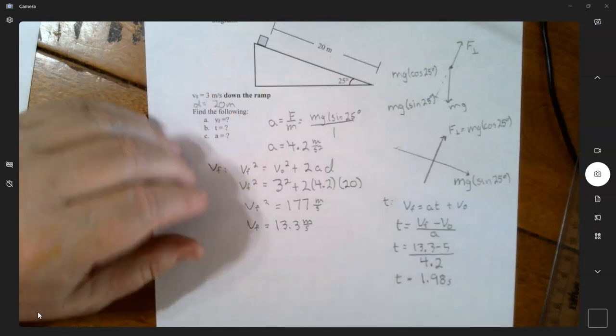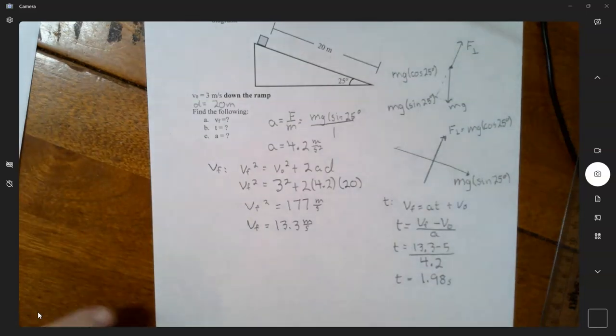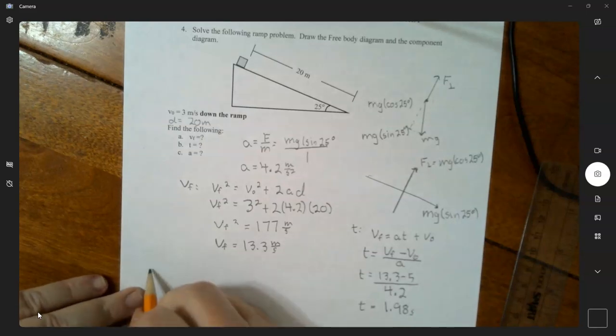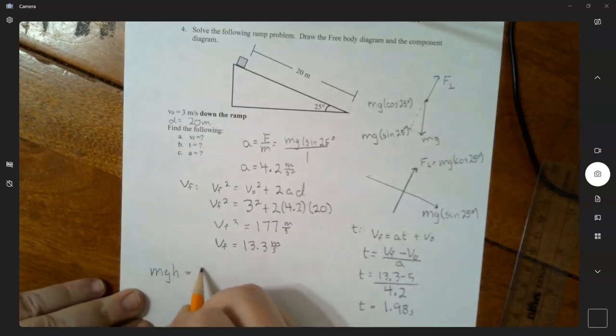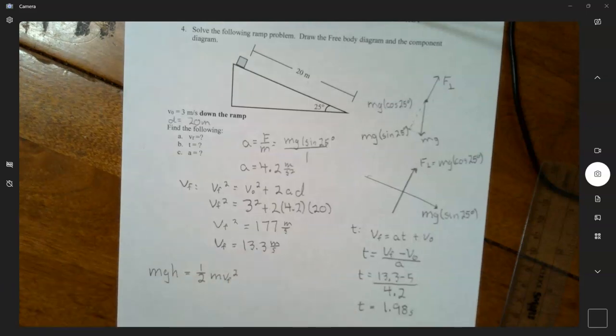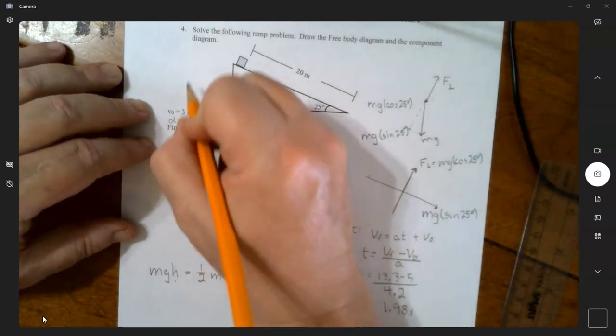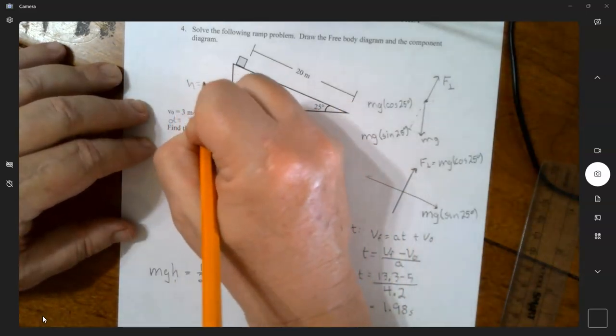Okay, there's no friction, so we can use conservation of energy here. Okay, so to use mgh we have to know the height, and we calculated that in an earlier problem.